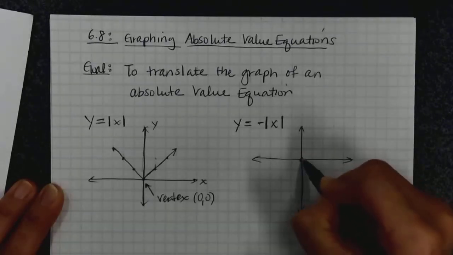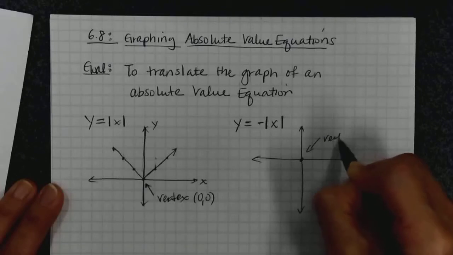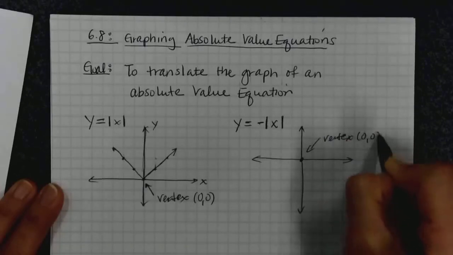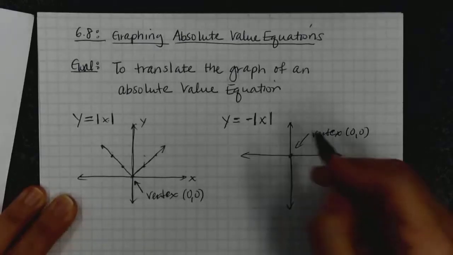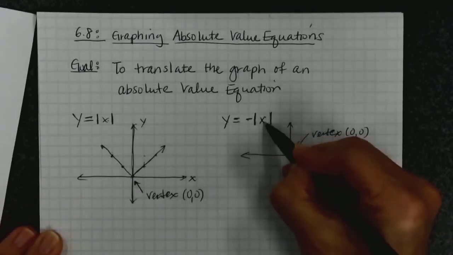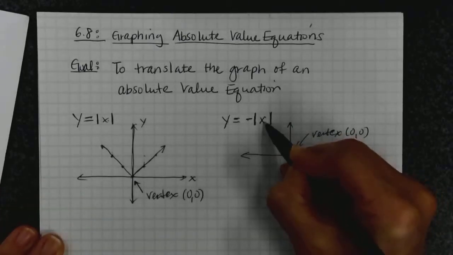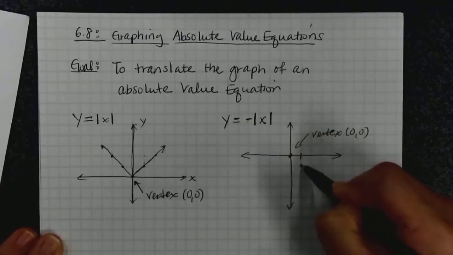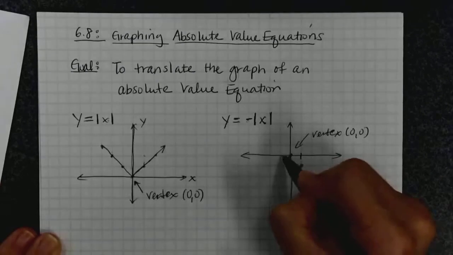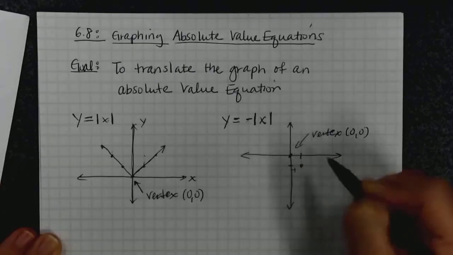So the vertex is still at the origin. So here's my vertex at 0, 0. But in this graph, when I plug in 1 for x, the absolute value is 1, so you put the negative in front of the 1, so it'll be negative 1. There's negative 1.